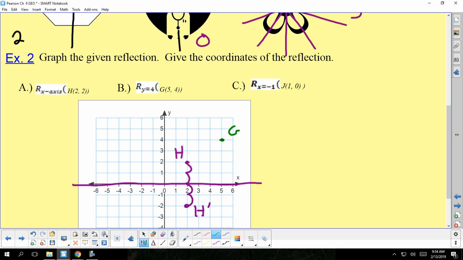So if x equals 3, y equals 4. If x equals negative 2, y equals 4. That's going to be a horizontal line. So G is right here. So G prime is not going to move at all. It's going to be in the same spot. So G prime would be 5, 4. And over here, H prime, I forgot to write that in, it's going to be 2, negative 2.